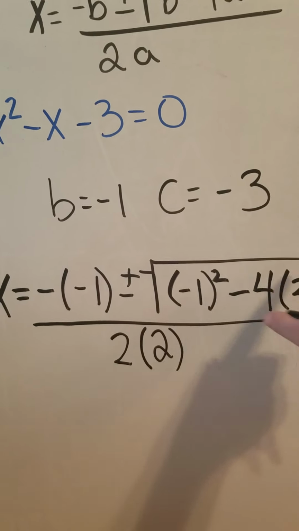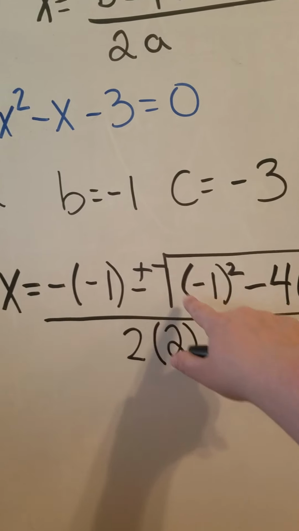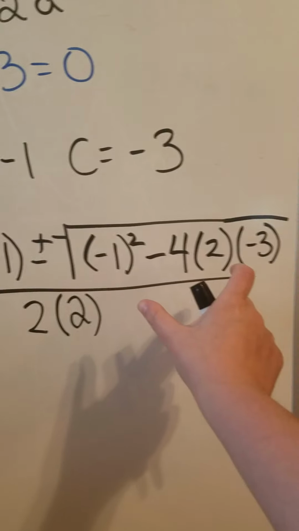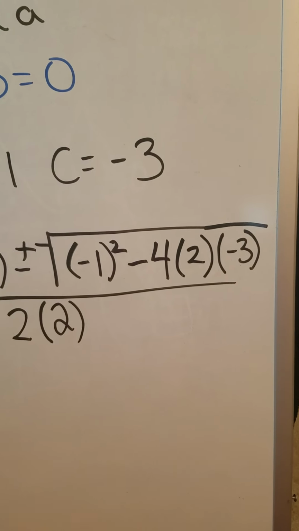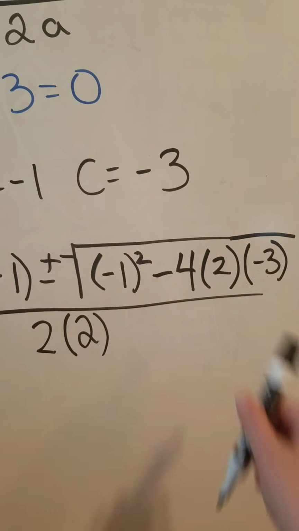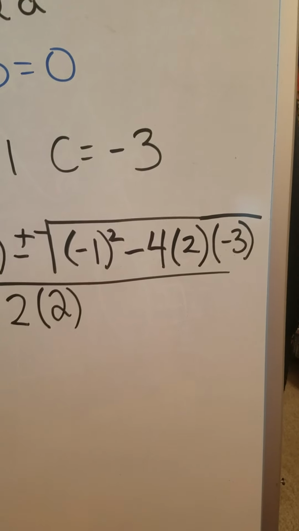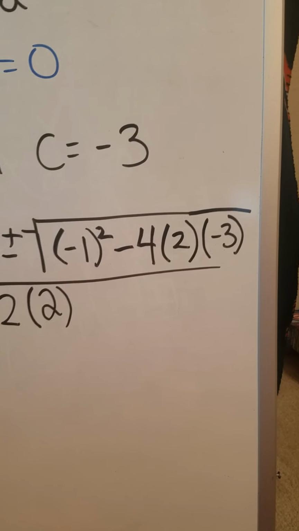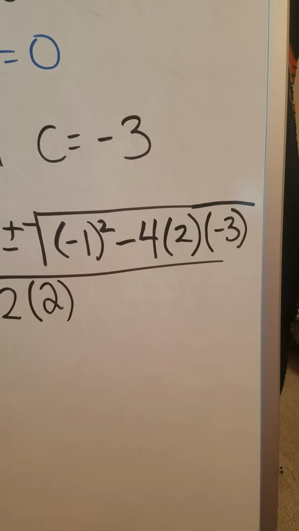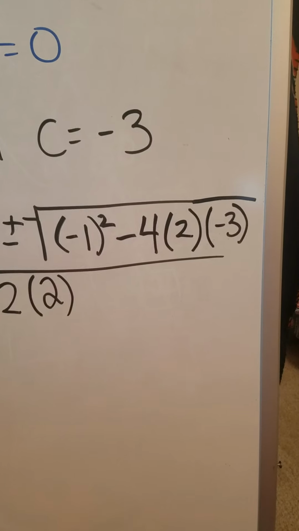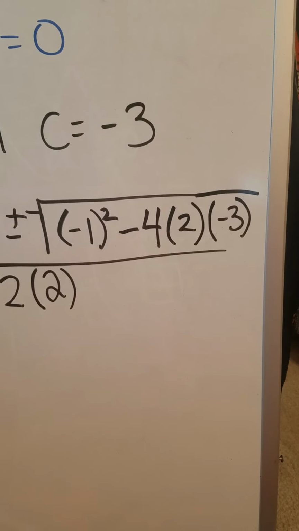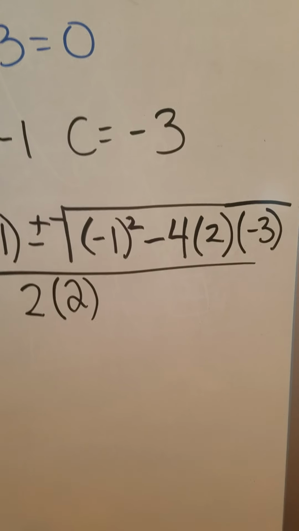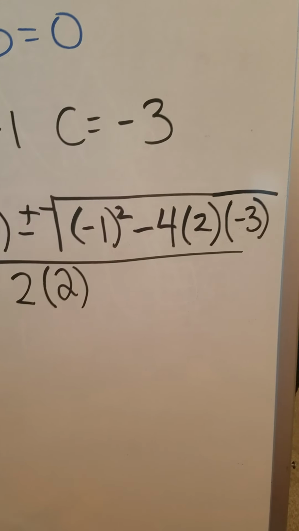Again, hopefully you watched the other video first and know now, hey, there's a purpose for this discriminant. The purpose is if you end up with a positive number here, that's going to tell you that you're going to have two solutions. If you end up with a negative number, you're going to have 0 solutions, no solutions. If you end up with 0 here, you're going to end up with only 1 solution. That's why it's good to go ahead and figure out what this number here is first so you can decide, do I need to go any further or not?